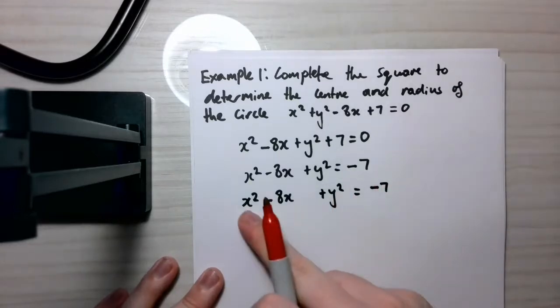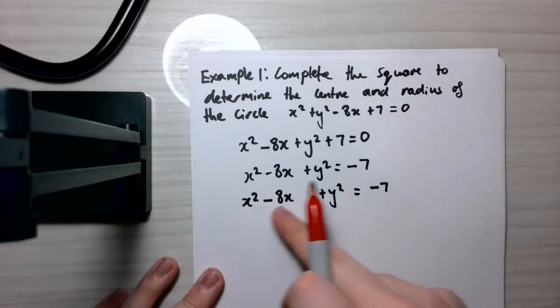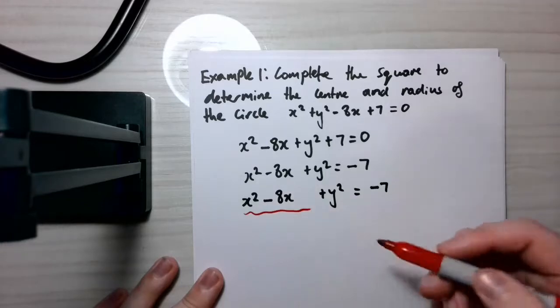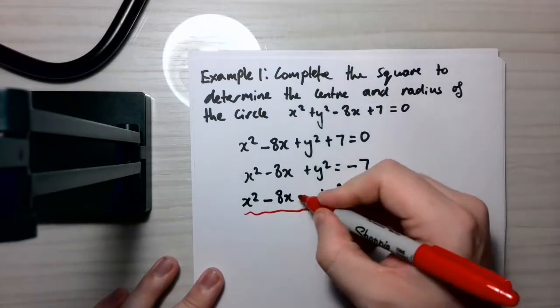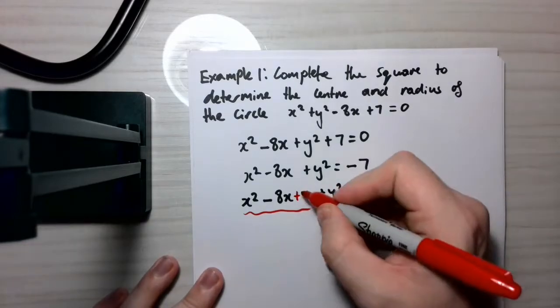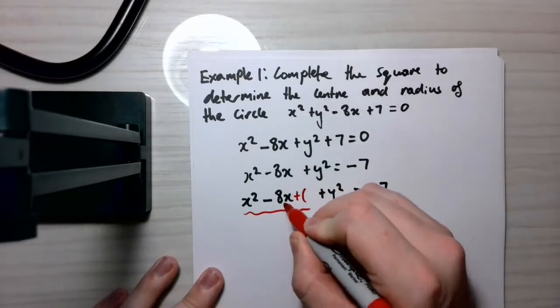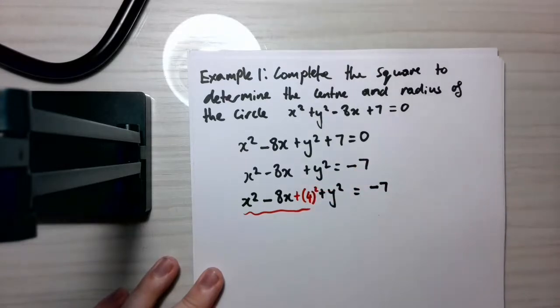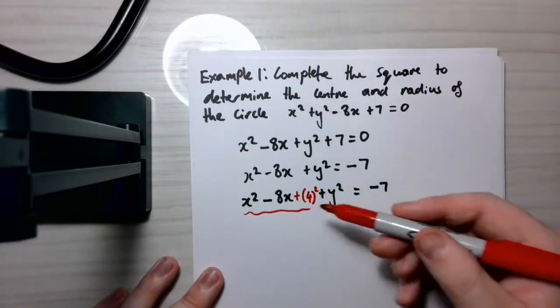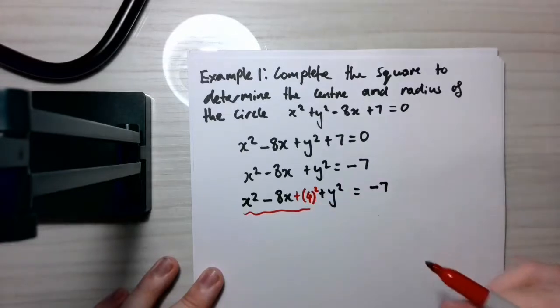So what we want to do is create a perfect square here. Now remember, in all of the other videos where we've talked about completing the square, to create a perfect square we need to add on half of the coefficient of x, squared, which is 4 squared. Does that make sense? So we add on half of the coefficient of x, so plus 4 squared, right?